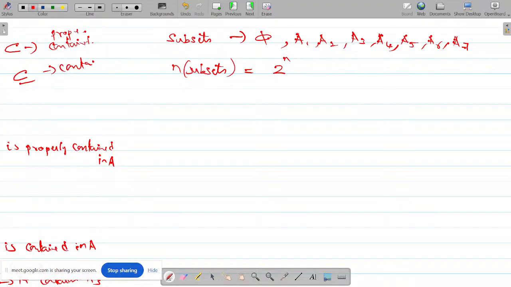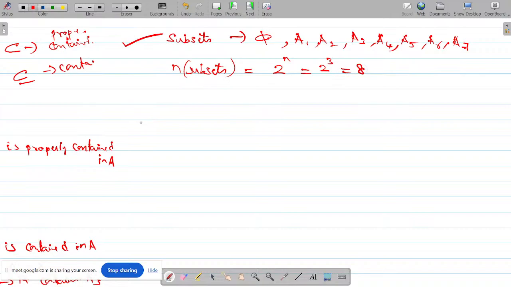This is the formula. How you arrive at this formula, I'm not going to derive now. Probably when we deal with permutation and combination, we'll discuss this formula, so as of now I'm not deviating much from the topic. So it's 2 power n. What is n here? n is n of A. So 2 power 3, 8.